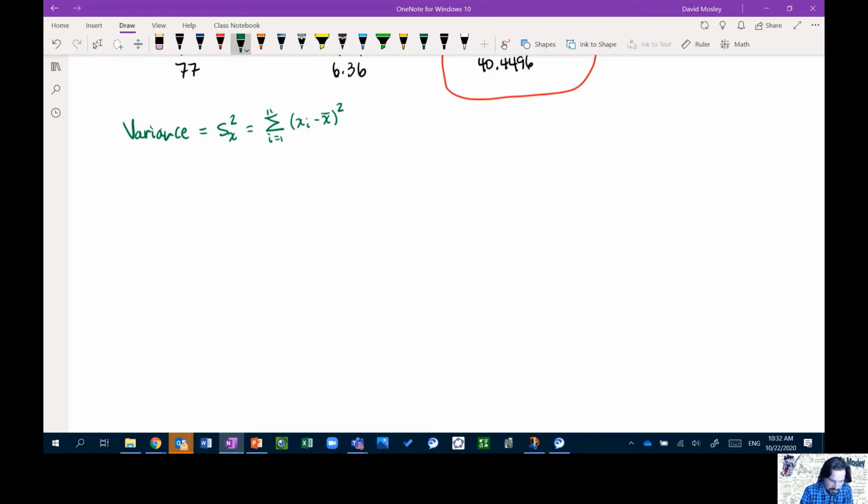That's what this top part means, divided by 11 minus 1, n minus 1, the number of observations minus 1. When we put in all of our data, we end up with 200.5456. It's the sum of the differences. We divide that by 10, and we get 20.05456 inches. So this is our variance.